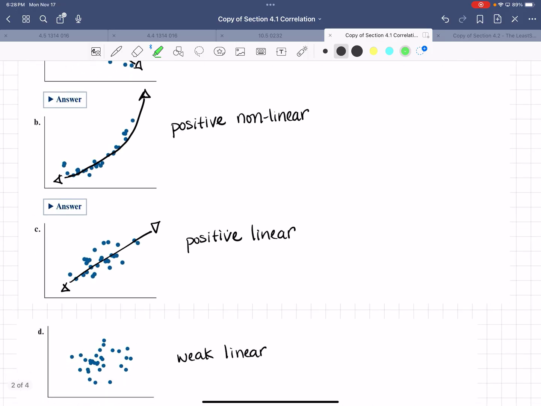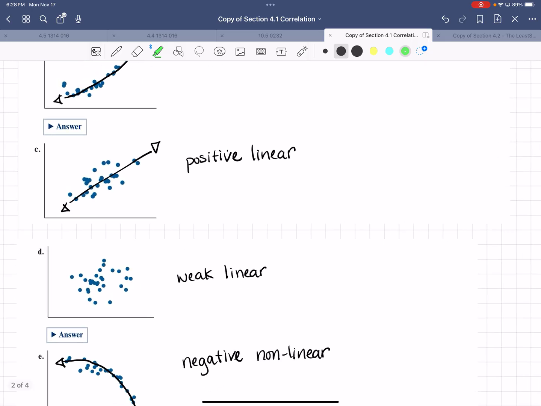Okay, C will have one closer to 1, a positive 1, because it's positive. Okay, right here, this weak linear, it's going to be close to 0 because there's not much making it linear.